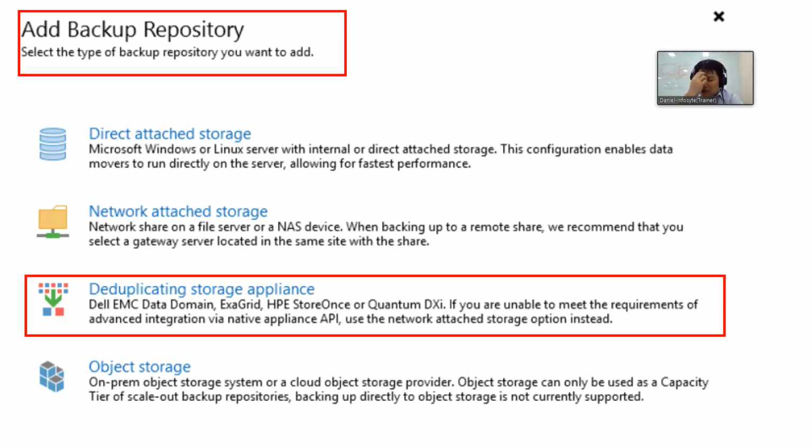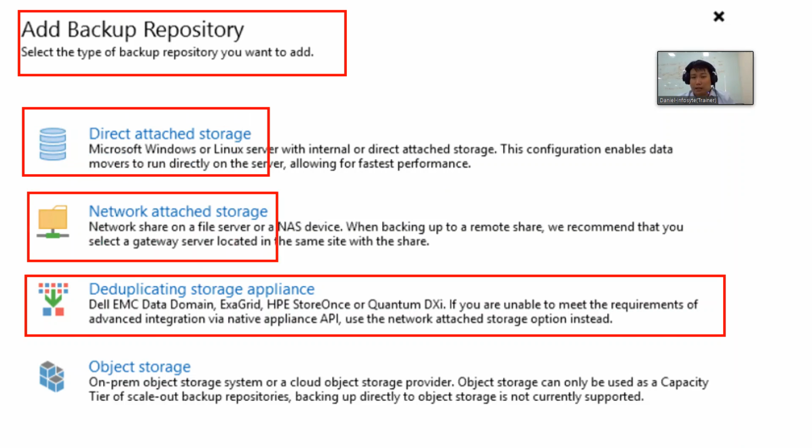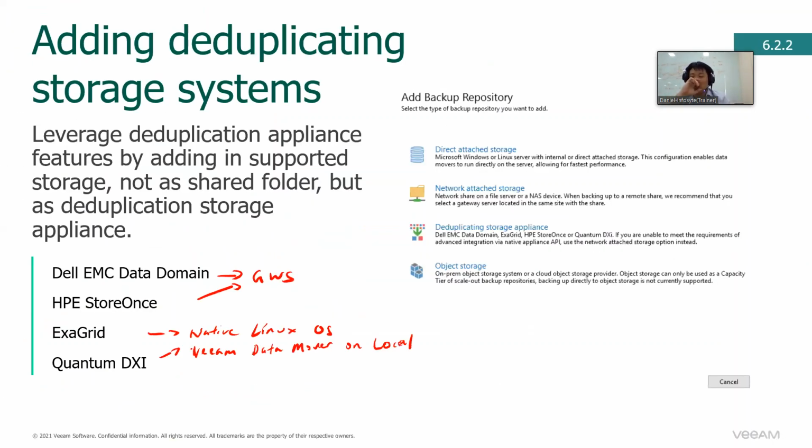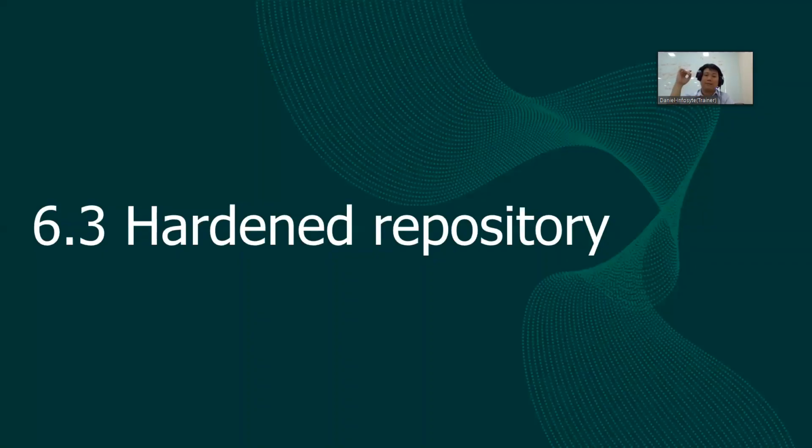So if you have some other storage that comes with a dedupe function and it is not a supported model, then I will need to add it in like a normal repository, either using it as SAN or NAS. Then maybe you need to utilize another machine to mount it as a LUN or a gateway server to connect to it as a NAS. Okay? So this is the dedupe appliances support. Pretty easy.